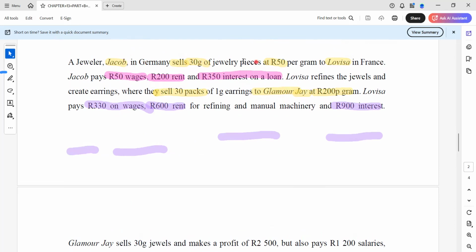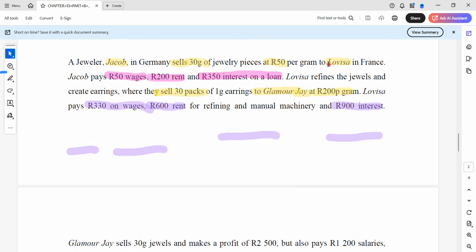Here at the beginning, it's basically where Lovisa buys the jewelry pieces that he uses in his production process, and then sells the earrings to Jay. Then Jay sells to the customer and makes a profit of 2,500. So for Jacob, the value of sale is 30 times 50, because he sells these products to Lovisa for 50 rand, 30 grams for 50 rand.